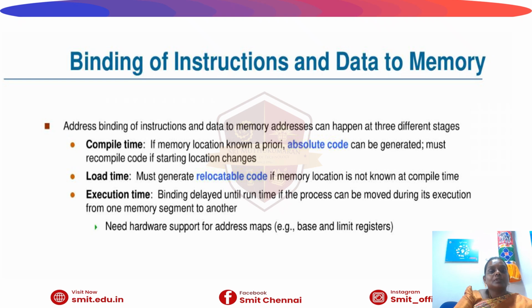In compile time, if the memory location is known beforehand, absolute code can be generated. In load time, relocatable code is generated if the memory location is not known at compile time. Execution time binding is delayed until run time if the process can be moved during its execution from one memory segment to another.